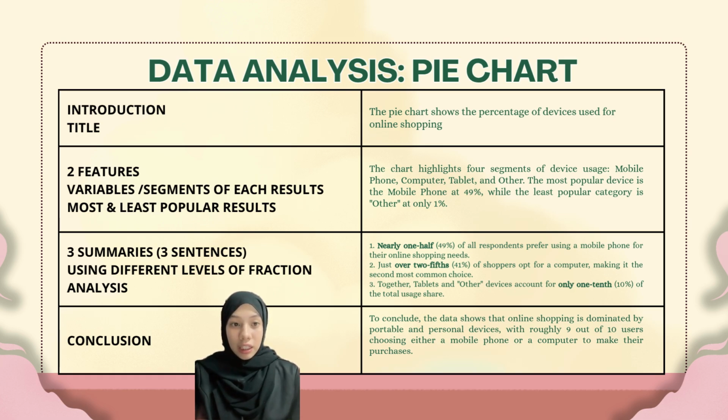So in conclusion, the data shows that online shopping is dominated by portable and personal devices, with roughly 9 out of 10 users choosing either a mobile phone or a computer to make their purchases.